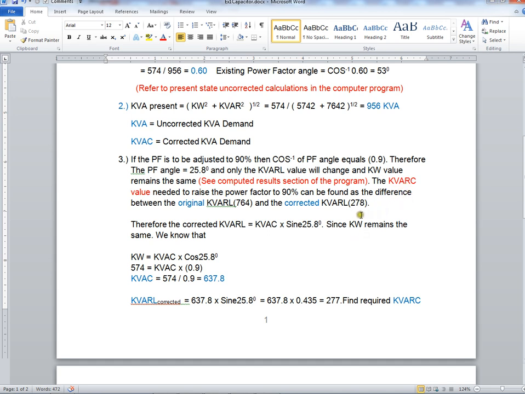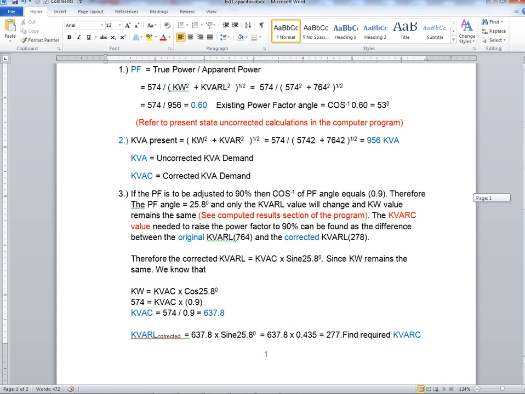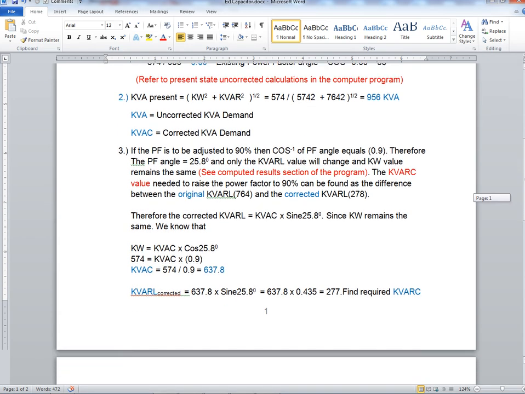Alright, then the kVARC value needed to raise the power factor to 90% can be found as the difference between the original kVAR reactive inductive value, which was 764, and the corrected value of 278. Therefore, the corrected kVARL is equal to kVA corrected times the sine of 25.8 degrees.